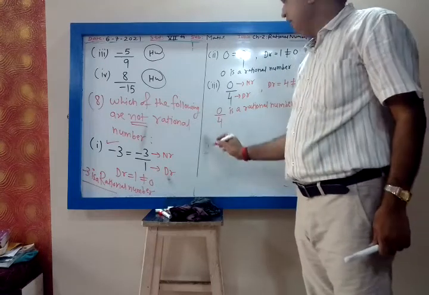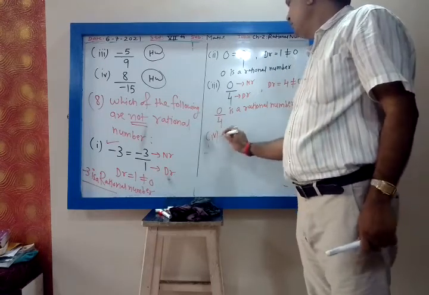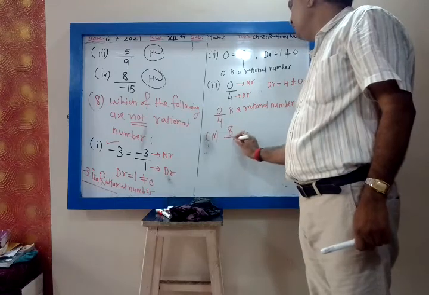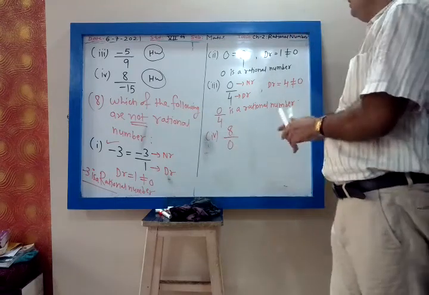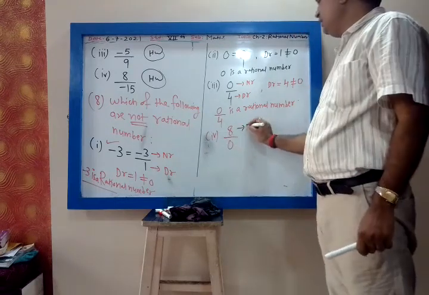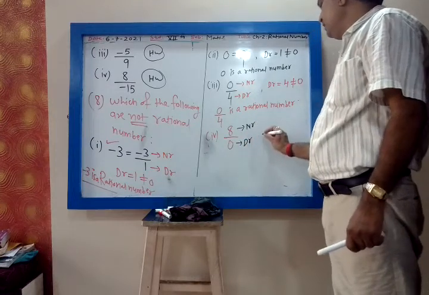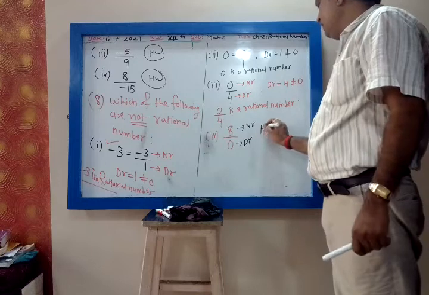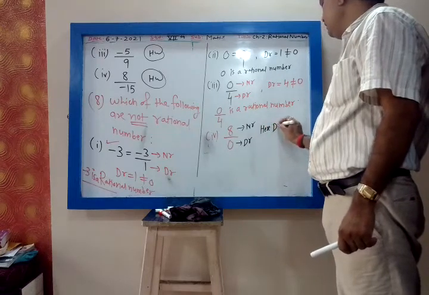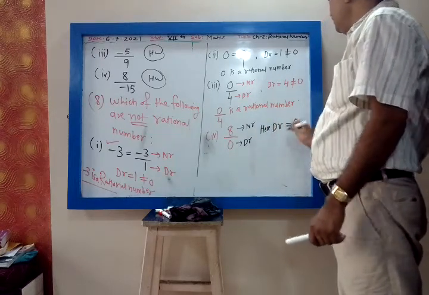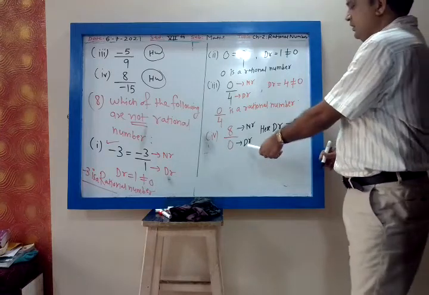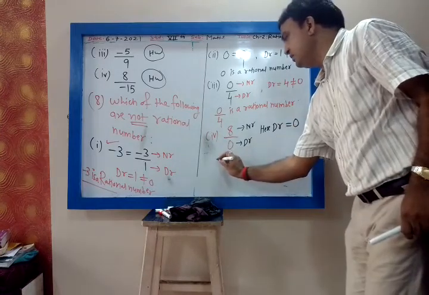Then fourth, 8 upon 0. What is my numerator? Numerator is 8. And what is my denominator? Denominator is 0. So it is not a rational number.